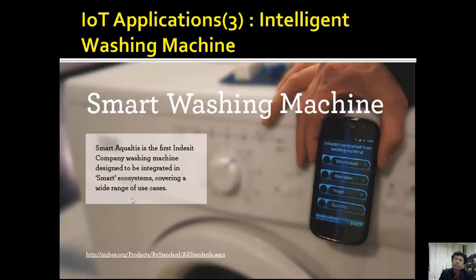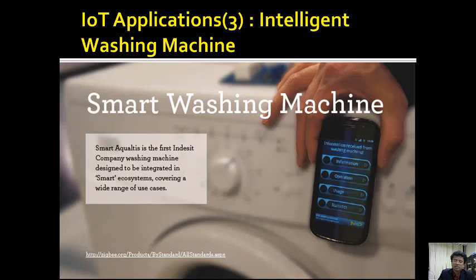Or it could be a smart washing machine. We are talking about smart energy usage, where if you wash the clothes at specific hours, the energy cost will be minimum, so you can cleverly control the washing process from your smart device.